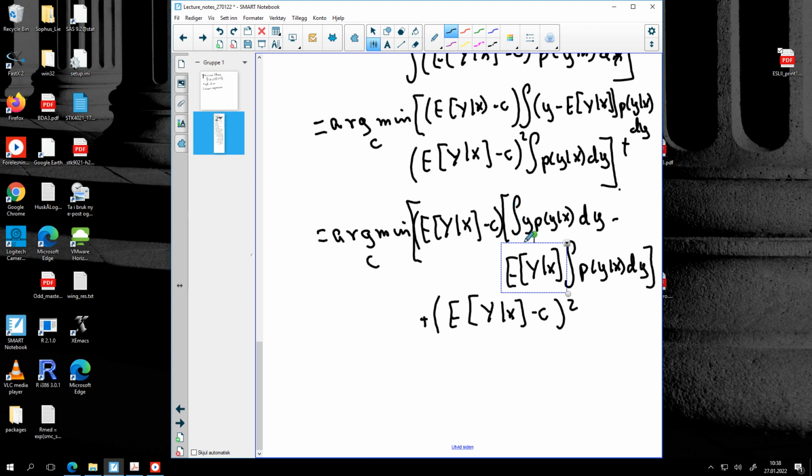Okay, but then if we now look at this integral, this is an integral of a variable y times its density, but that's an expectation. So this is the expectation of y given x. So we have this first term again, y minus x minus c.